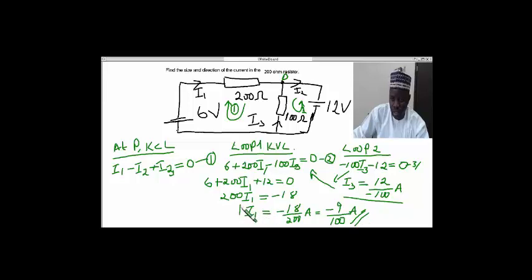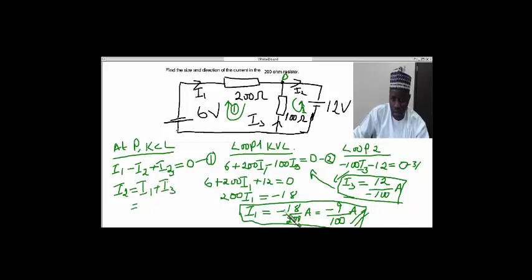So I got my I1, and I also obtained my I3. So what remains is I2. Coming back to insert the values of I1 and I3 into equation 1, I can get I2. Taking I2 to the right hand side, I2 is going to be I1 plus I3.